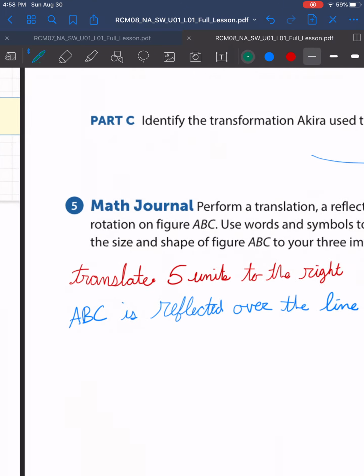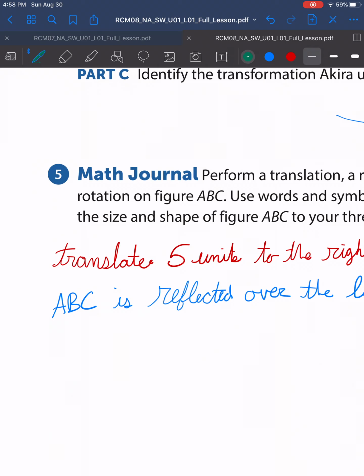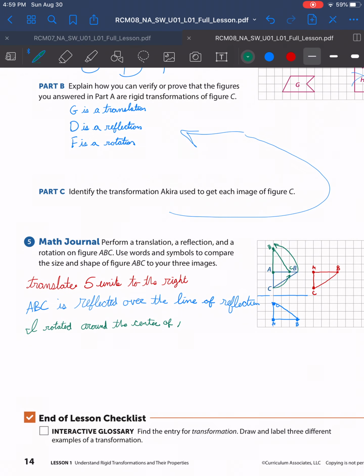Okay, so for my explanation, I'm going to say I rotated around the center of A. What that means is I'm saying that A was my pivot, right? A was how I moved it and I pivoted it.